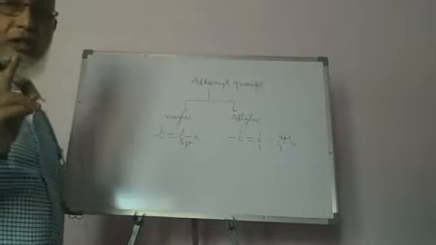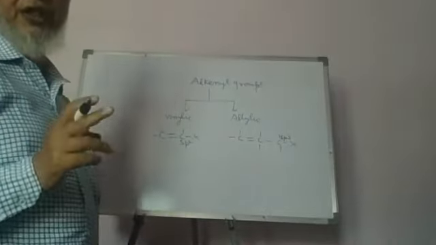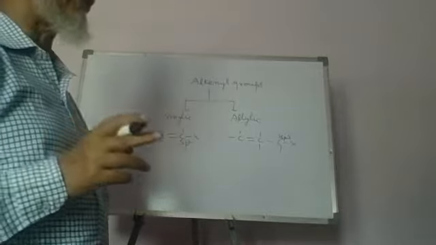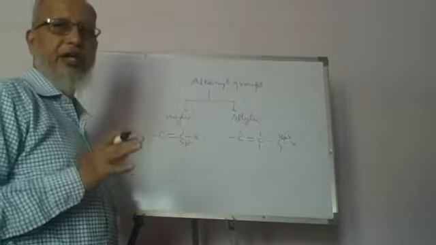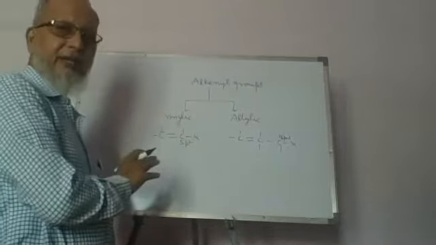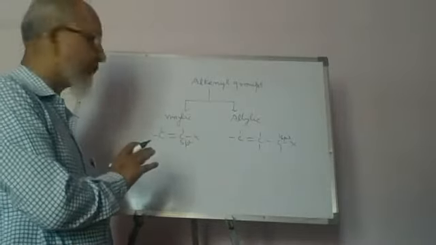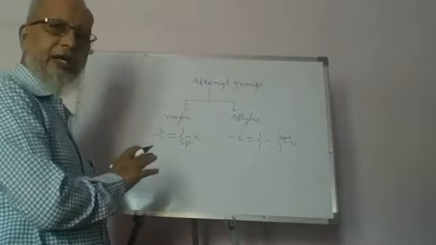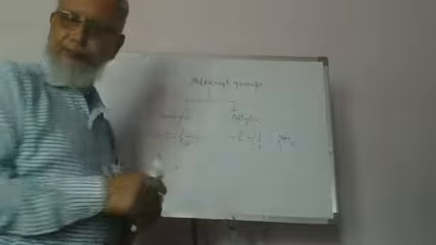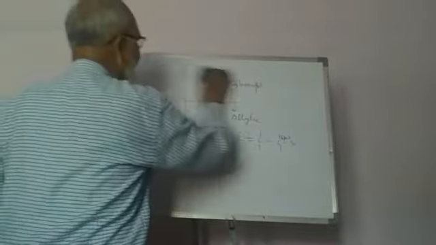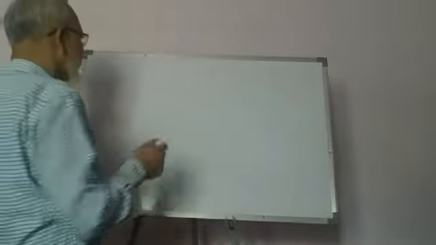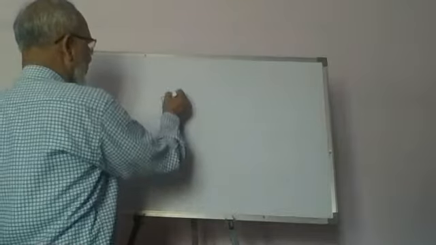So aryl halides also contain halogen atom attached with sp2 hybridized carbon atom, but there is presence of aryl group or the benzene nucleus with which the halogen atom is directly attached. But here, in case of vinylic halide, the halogen atom is attached with sp2 hybridized carbon atom present in the aliphatic chain. As for example, consider this compound.